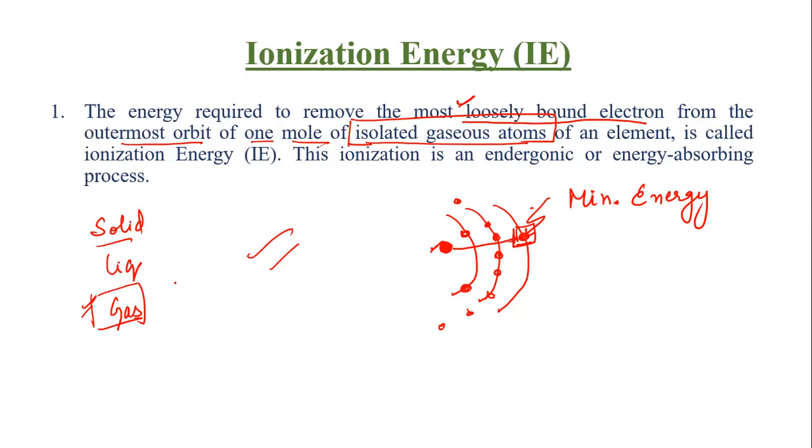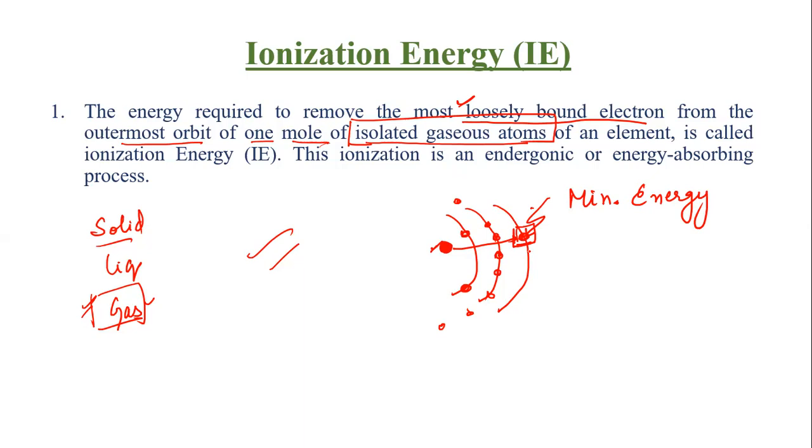So if this particular element is in the gaseous phase, then it will have the minimum amount of force of attraction with the nucleus. For that, we require a minimum amount of energy to remove that electron. So that's why in the definition we consider that the atom is in the gaseous state. Understood? Fine.